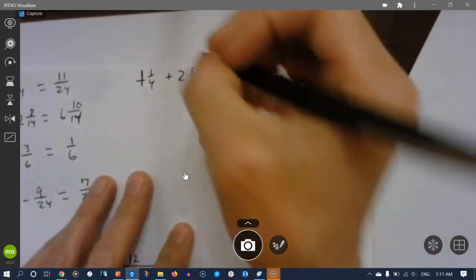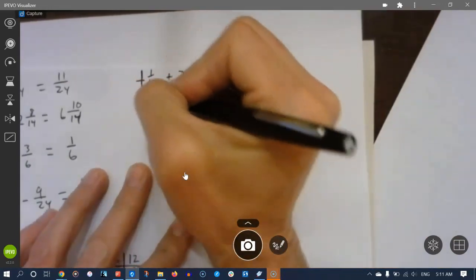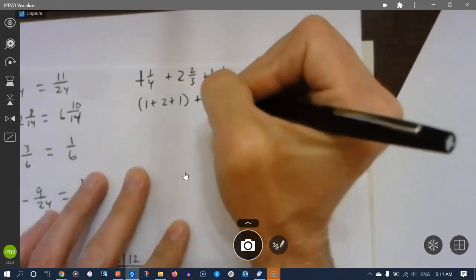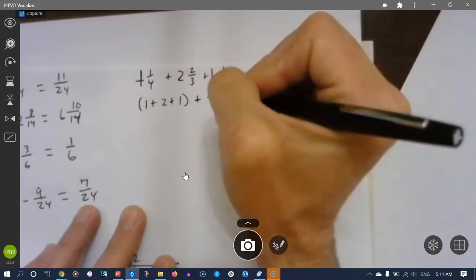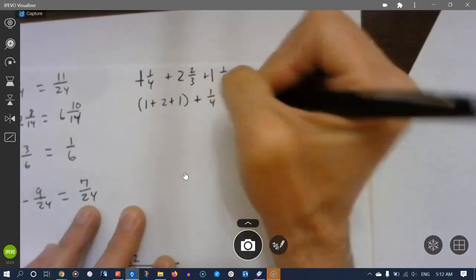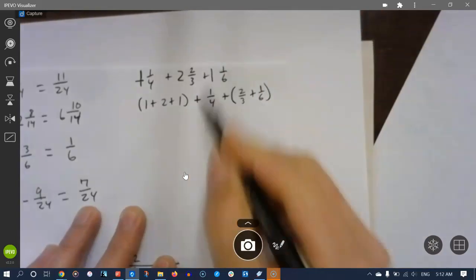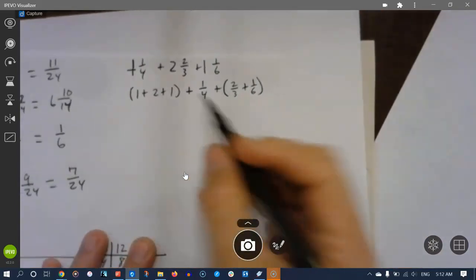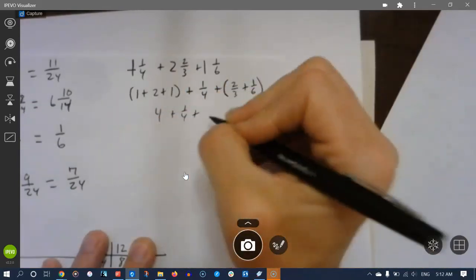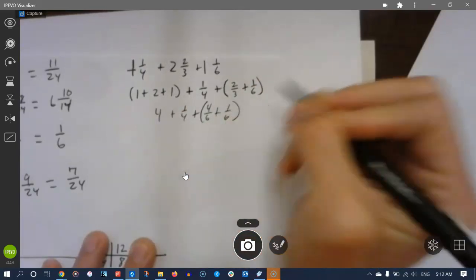So first I'm going to group my whole numbers. So I can turn this into 1 plus 2 plus 1 plus 1, and then I want to think about, thirds and sixths would be the easiest. Plus 2/3 plus 1/6. So I've just broken all this apart into this. So I have 4 plus 1/4 plus, and then I can turn these into sixths, 4/6 plus 1/6.